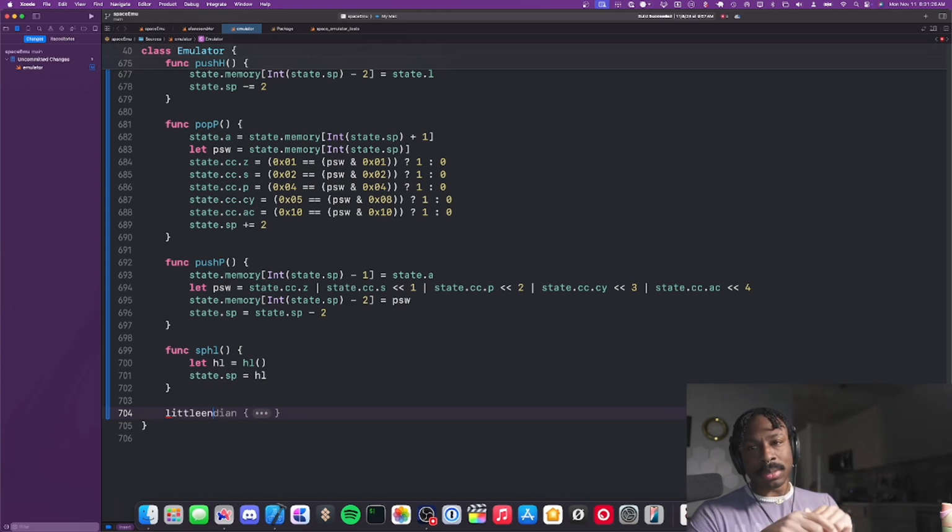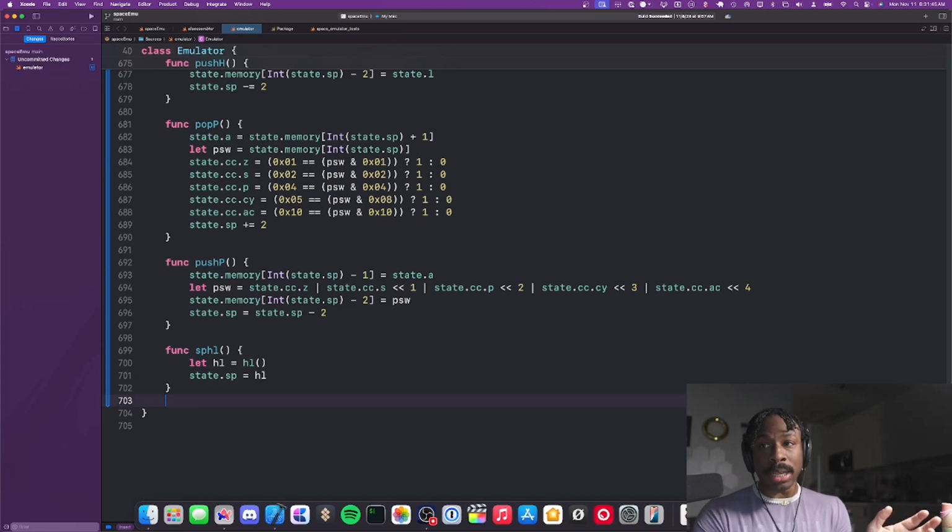I'll put up some stuff to explain it, but basically that says whether the low byte comes first or the high byte comes first. Some CPUs use little endian, some use big endian.